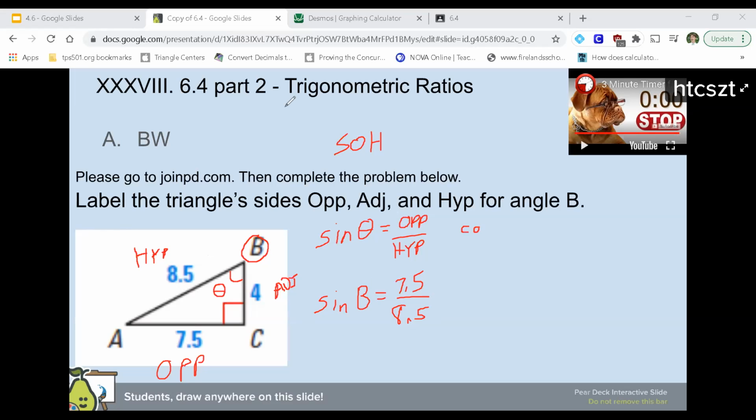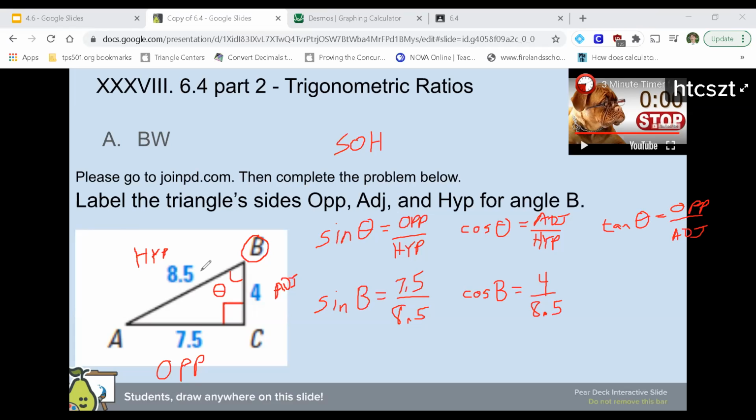The cosine of any angle is the adjacent over the hypotenuse. So for our problem then, the cosine of B would be 4 over the hypotenuse, 8.5. The tangent should be the last formula you have in your notes. It's opposite over adjacent.